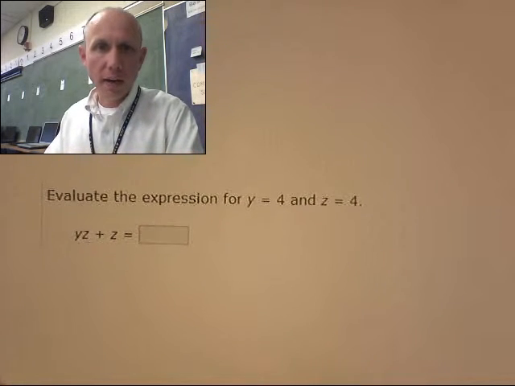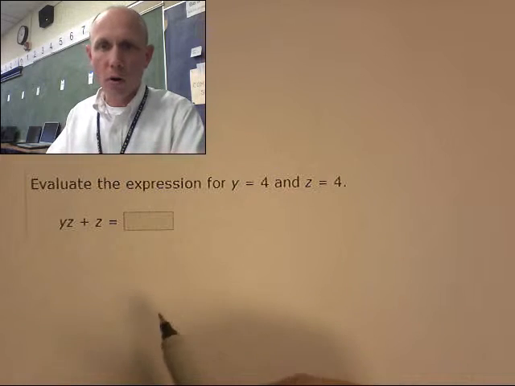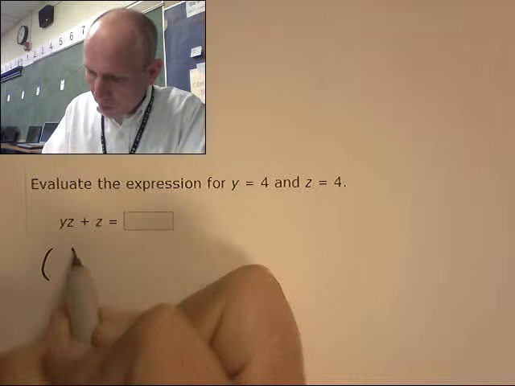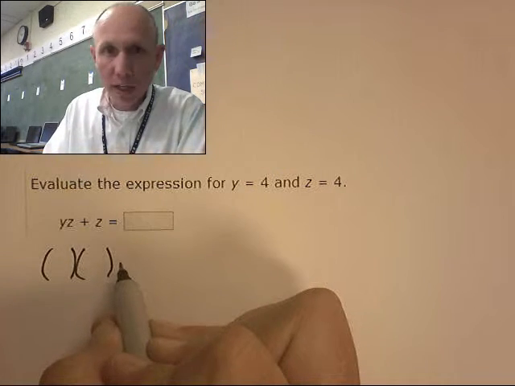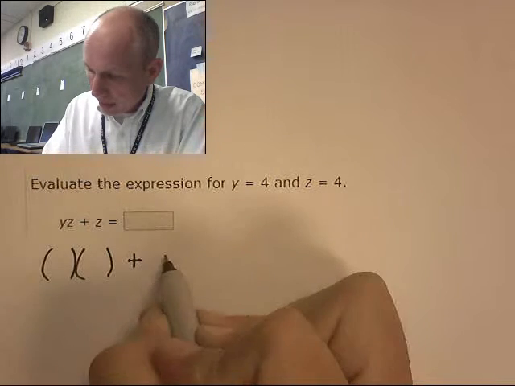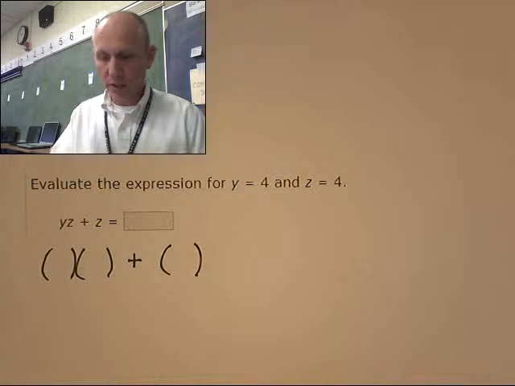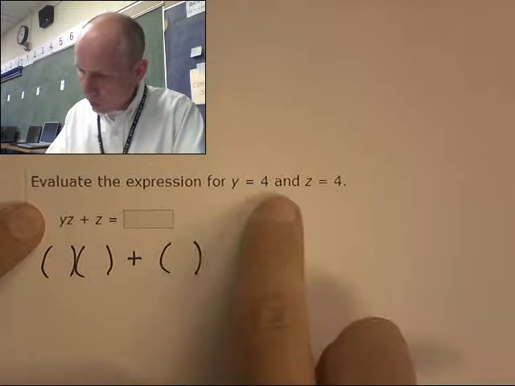Next one. Evaluate the expression for y equals 4 and z equals 4. So I'm taking the y out, I'm putting in parentheses. I'm taking the z out, putting in parentheses. I'm taking out the second z and putting in parentheses. Y, this is y.